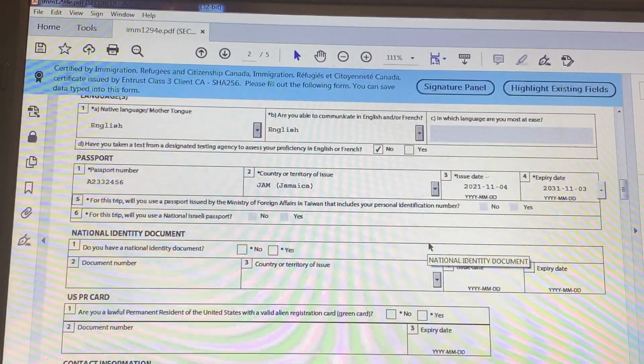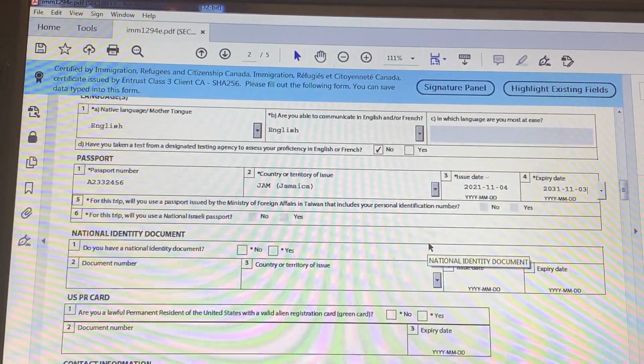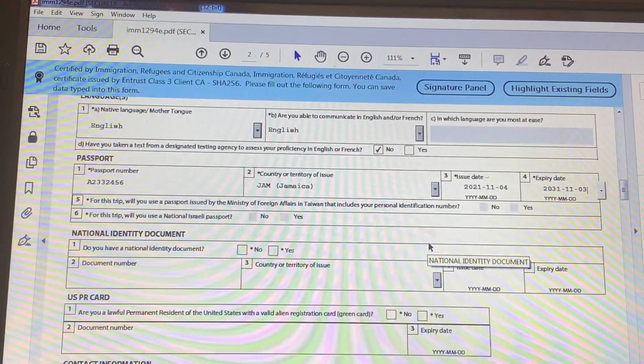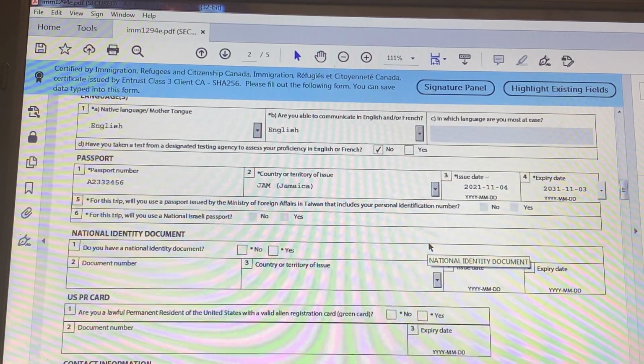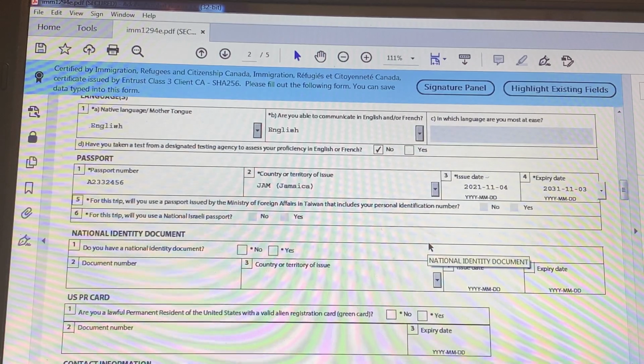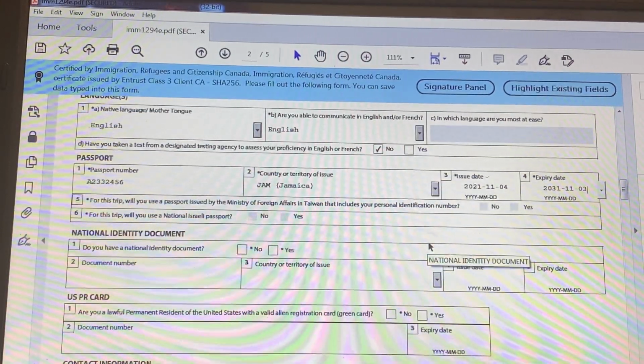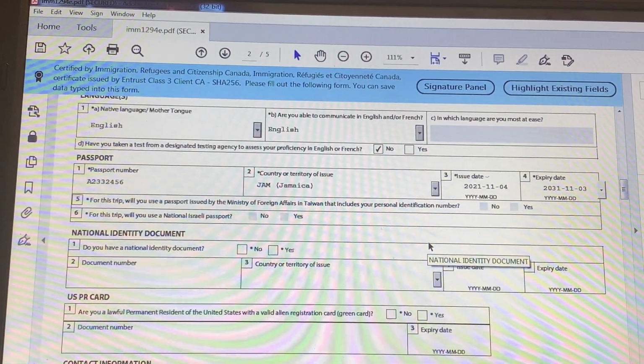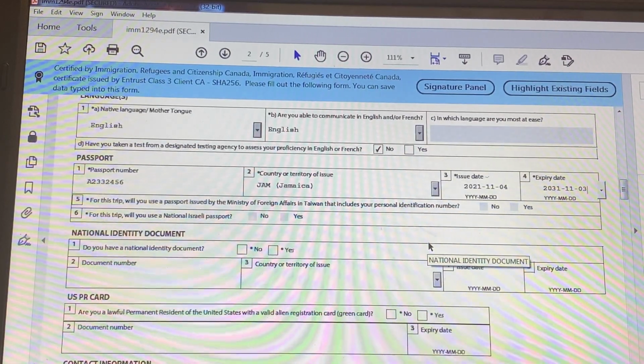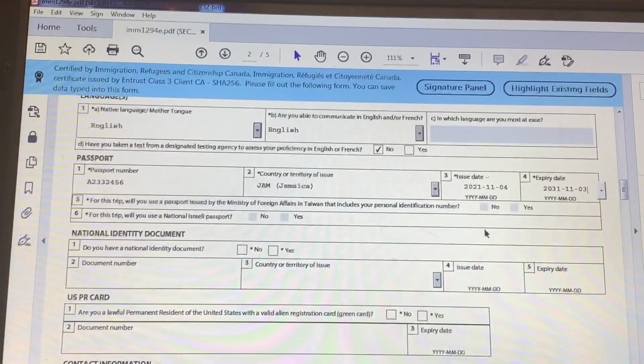Now, guys, in an effort to be as clear and thorough as possible, let me just explain. If you have had passports in the past that have expired and you have renewed, you don't need to put when you got your first passport. You just need to put the current passport that you have, when did you get it, and when does it expire. Okay, guys, hopefully that is straightforward enough for you.